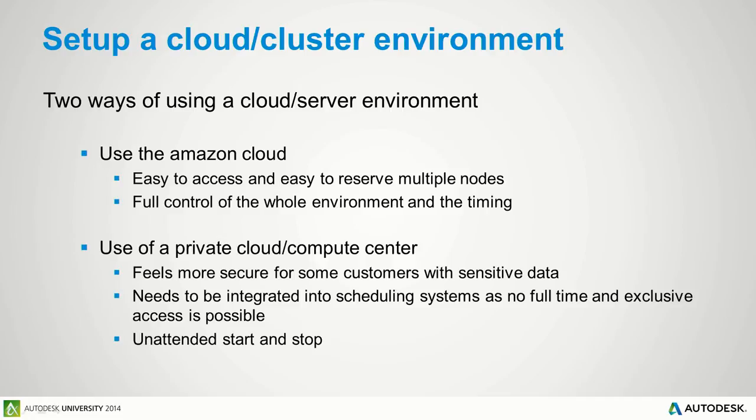For renderings I did a 20 node cluster on the Amazon Cloud as an example, and that just cost $20 per hour. So quite cheap. So one node cost $1 per hour, the ones that I used. And if you add more, 40 nodes, then you just pay $40 per hour.